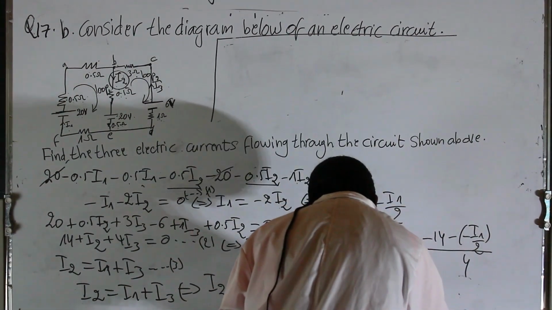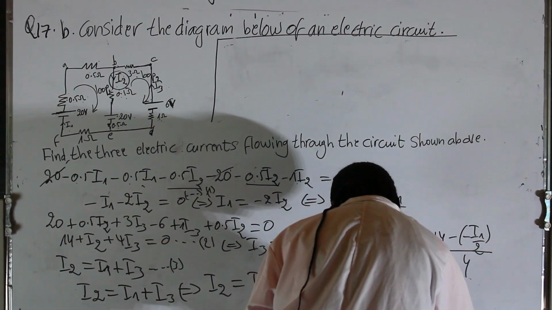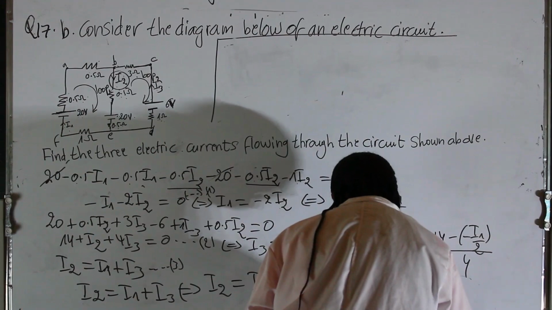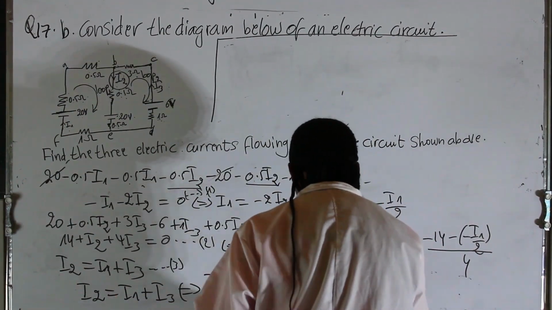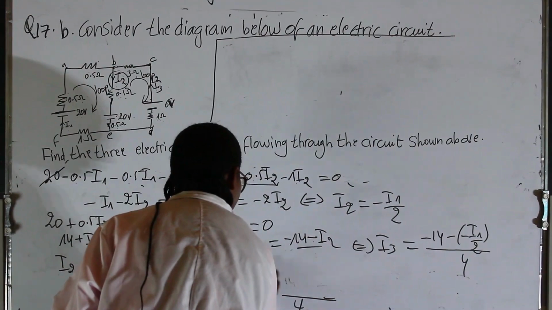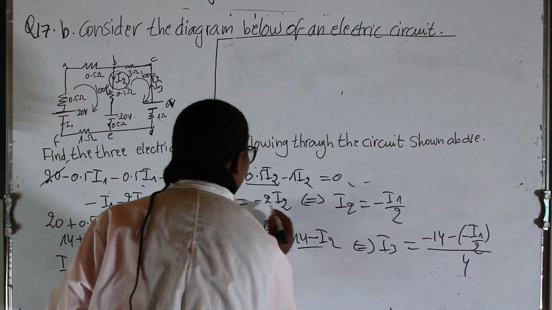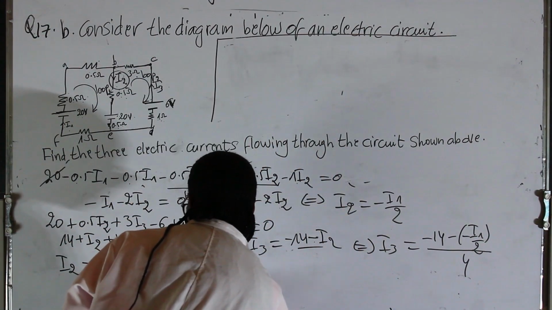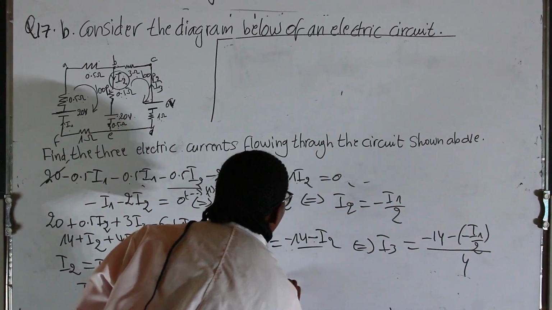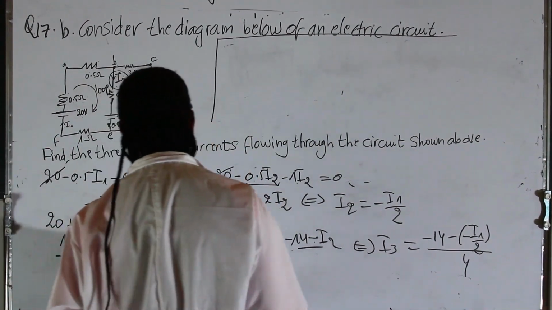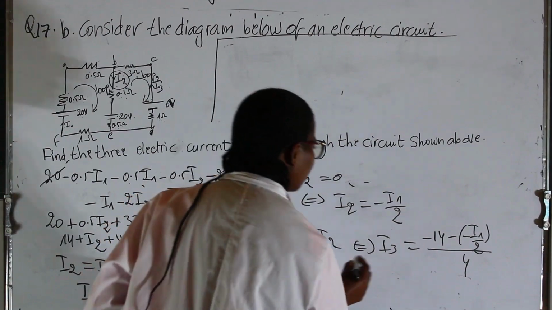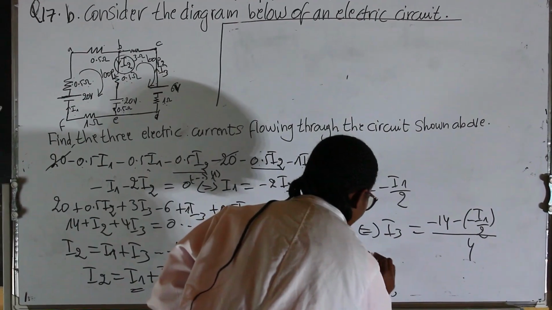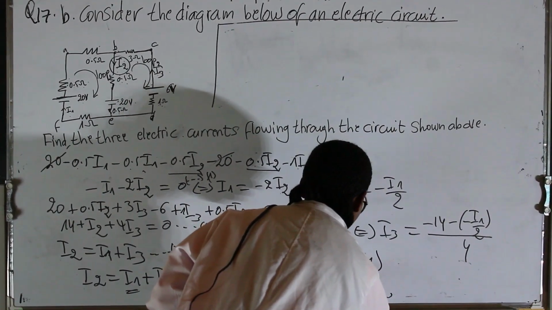Then we have I2, which is equal to, here I1 is equal to minus 2 I2, then plus I3, which is equal to minus 14 plus I1 over 2, over 4.